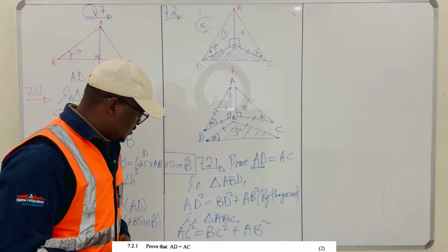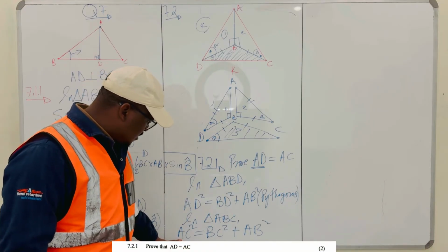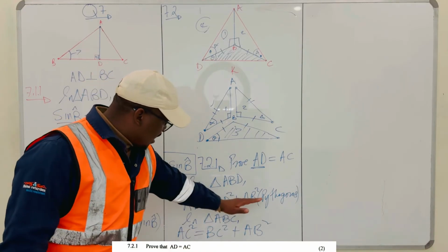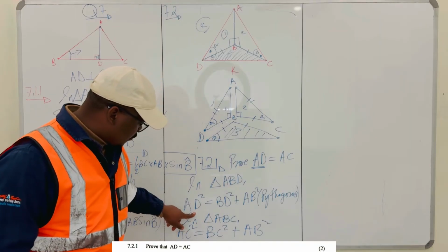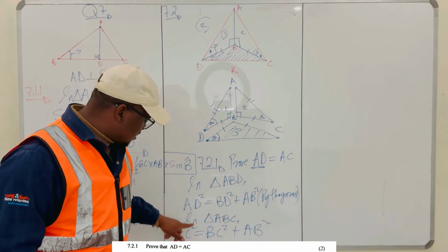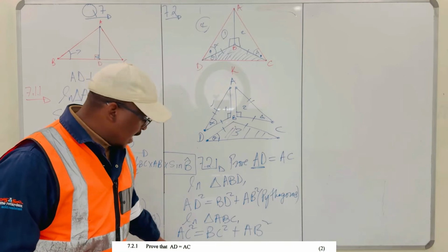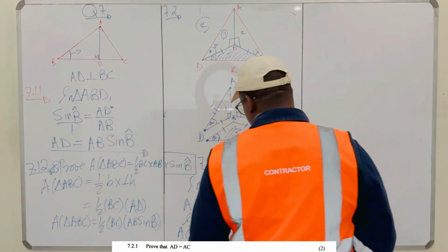Right? No problem. So we have defined the square of AD to be this, and now we define the square of AC to be this.